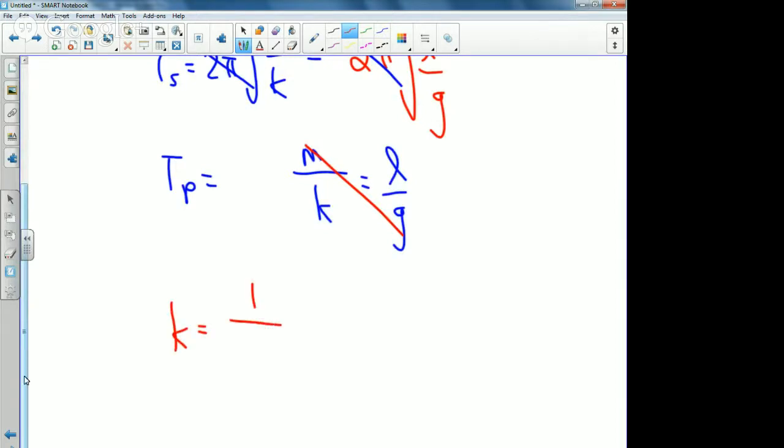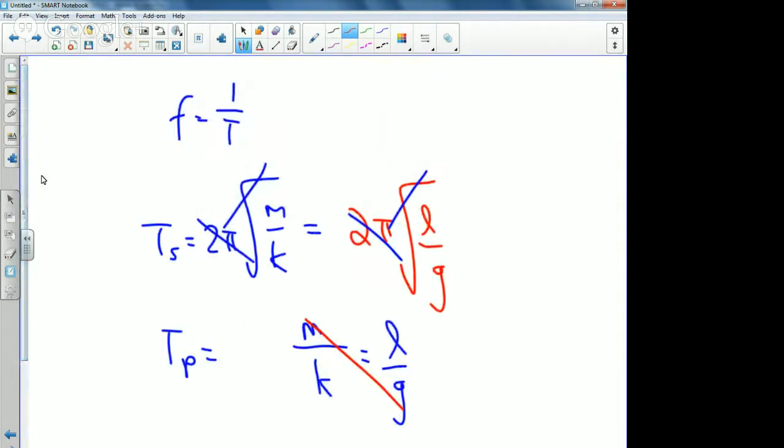The electrostatic constant is 1 over 4 pi epsilon naught. No, it's 1 over 2 pi times radical. Isn't that the frequency? Oh, you mean if you want to just flip the whole thing to solve for frequency? Yeah, you could do it that way also. So you could do 1 over. Okay, same thing.